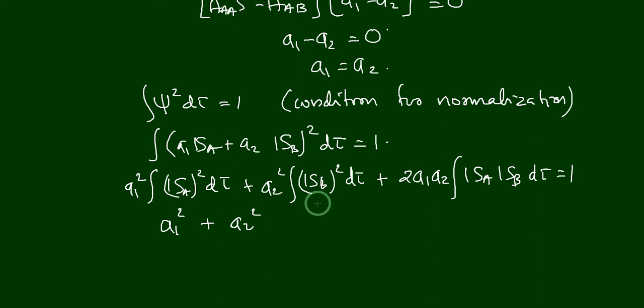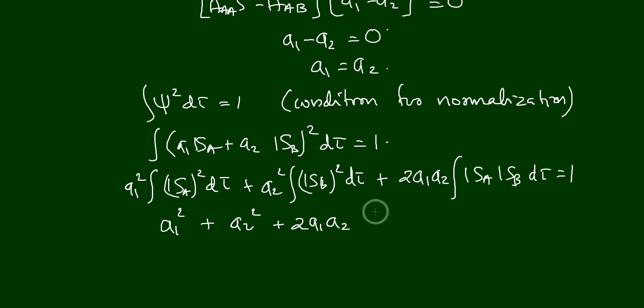Ψ1sA is the atomic orbital of the hydrogen atom A, and 1sB is the atomic orbital of the hydrogen atom B. That is also a normalized atomic orbital, and therefore the integral of 1sB squared dτ is also equal to 1. So we can write it as a2 squared into 1 plus 2a1a2 into the integral of 1sA 1sB dτ. What is the integral of 1sA 1sB dτ?